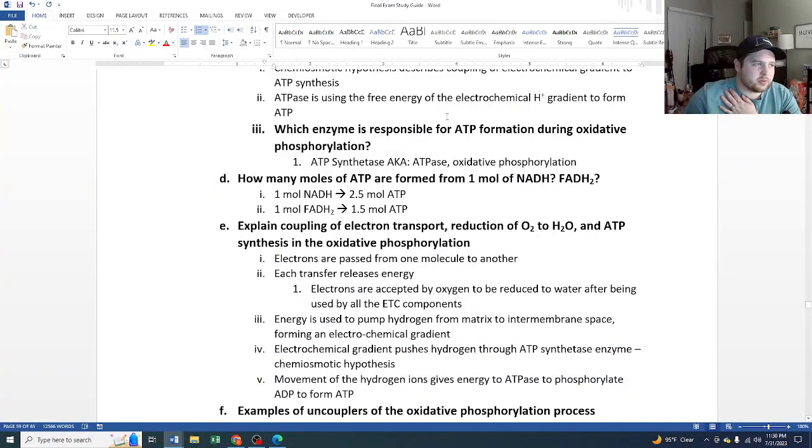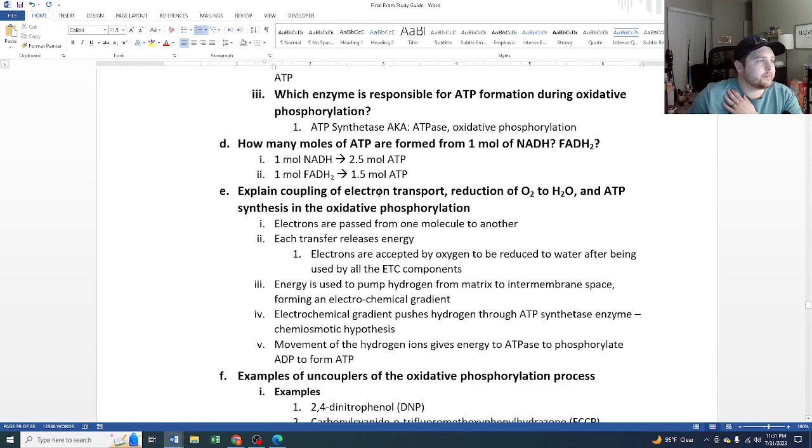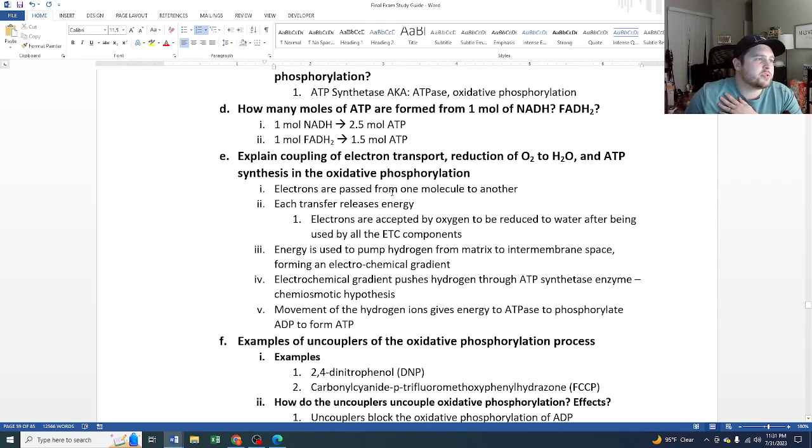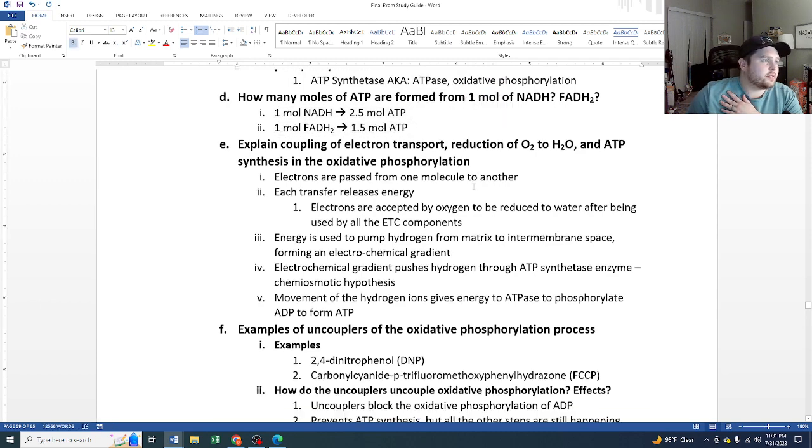The enzyme responsible for ATP formation during oxidative phosphorylation is the ATP synthetase, aka there's some others that you'll see, ATPase. How many moles of ATP are formed from 1 mole of NADH or FADH2? We've been over this a whole bunch of times. 1 mole of NADH is 2.5. 1 mole of FADH2 is 1.5.